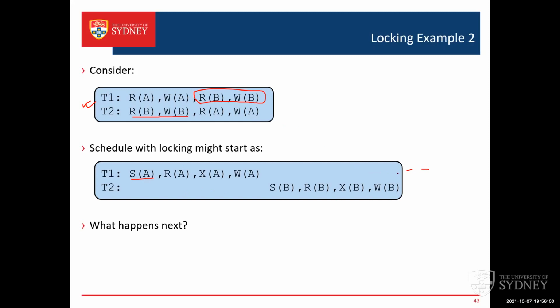So we cannot run T1. Can we run T2? Someone is saying as soon as T2 releases B, T1 can lock B. But when does he release? Remember that. He only releases when the transaction is finished. In this case, the transaction is not finished. That means he will hold the lock.